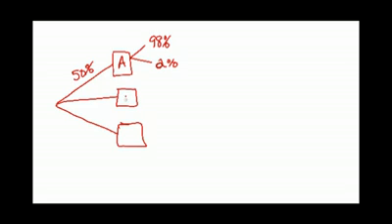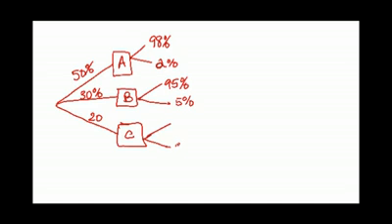Company B has, let's say, 30% of the workload, and they had a 95% success rate with no errors on disks and 5% errors. And C, let's say they only had a 90% error free rate, leaving 10% disk errors.